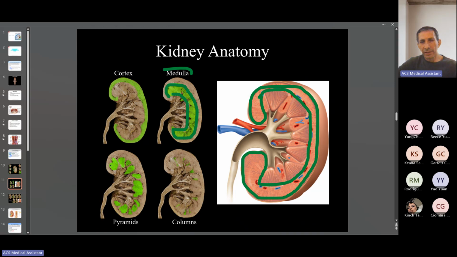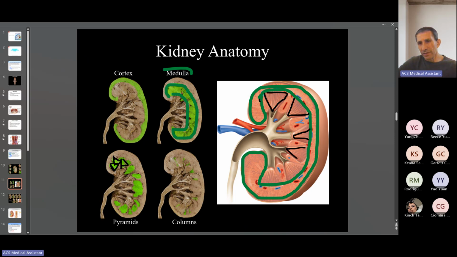They look like pyramids, like this, like this, like this. In this picture, which is more defined, these are the renal pyramids. So the renal medulla is made of the renal pyramids.